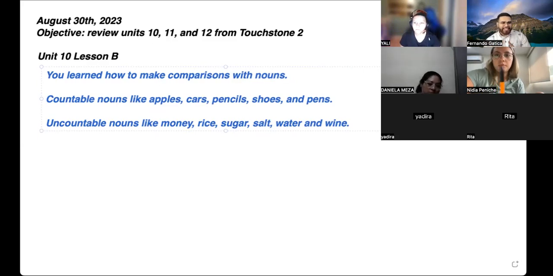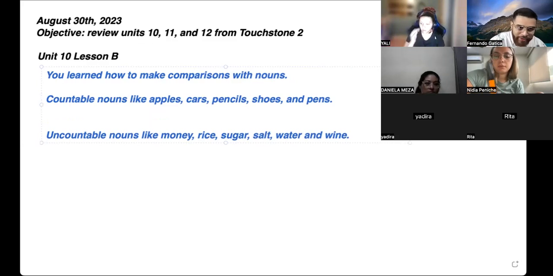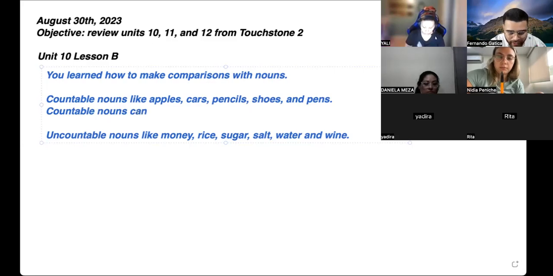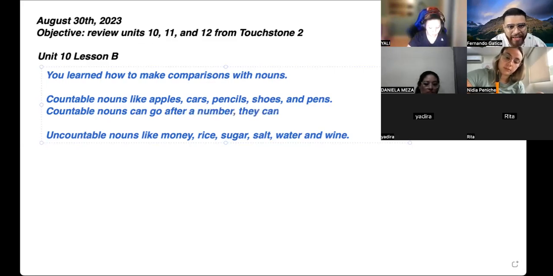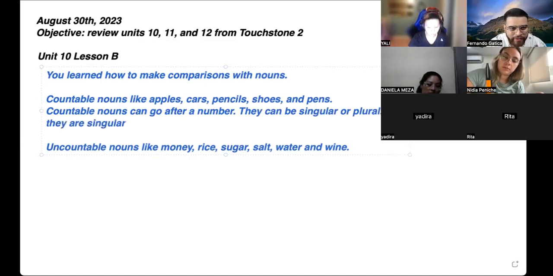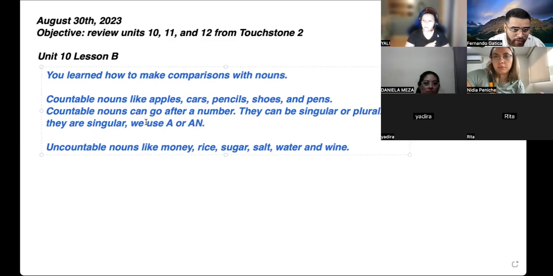Now, I see that some of you forgot what is a countable noun and what is an uncountable noun. Let me remind you. Countable nouns can go after a number. They can be singular or plural. And if they are singular, we use a or an.